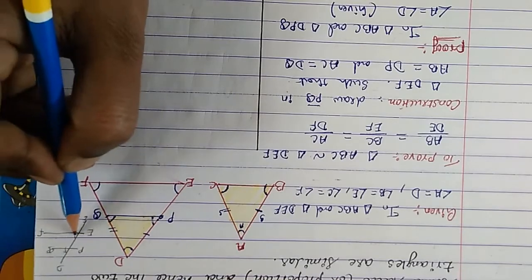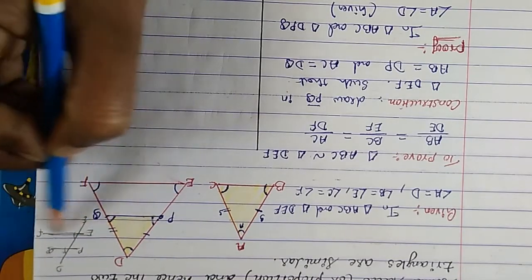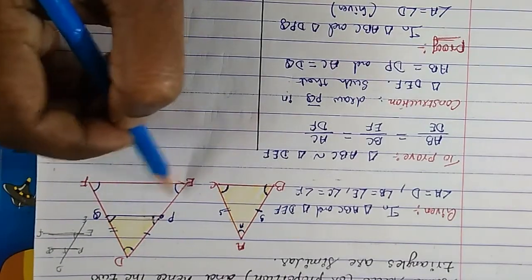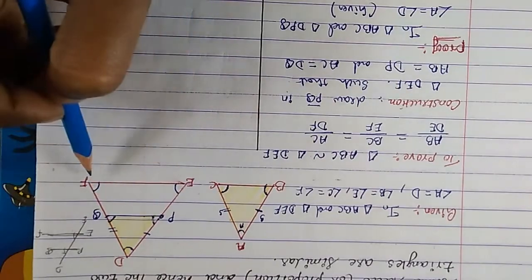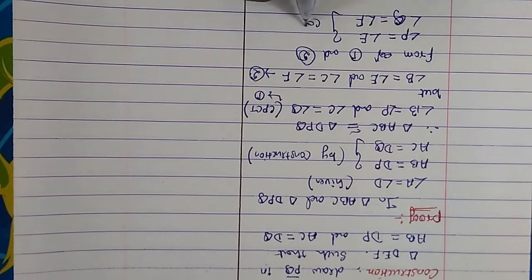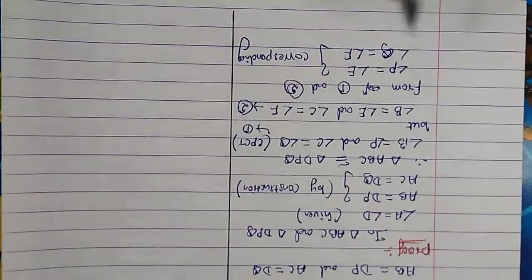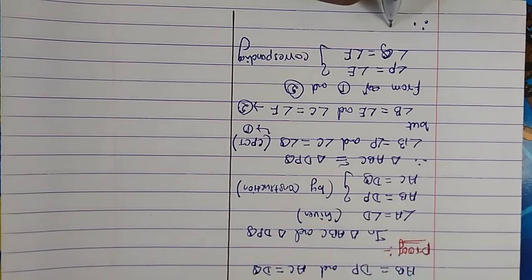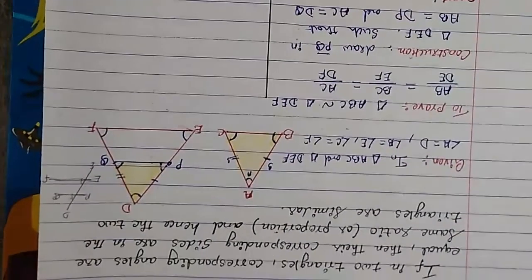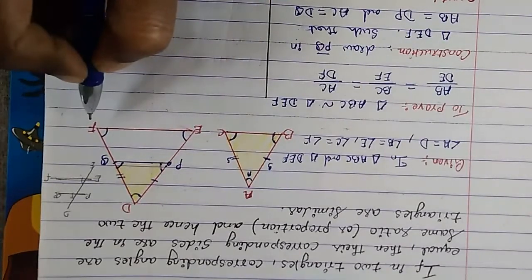Corresponding angles are equal only when the lines are parallel; if the lines are not parallel, they will not be equal. So can we say that if these two angles are equal, then PQ and EF are parallel? They are corresponding angles. Therefore PQ is parallel to EF. So we have now proved that PQ is parallel to EF.